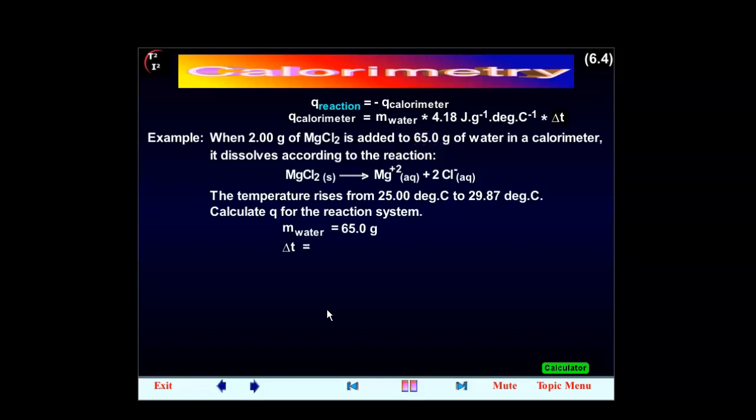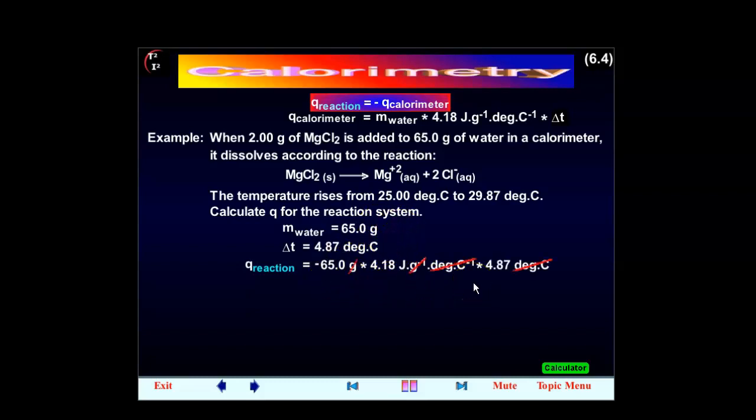Delta T equals T final minus T initial equals 29.87 degrees Celsius minus 25.00 degrees Celsius equals 4.87 degrees Celsius. Q reaction equals negative 1.32 times 10 to the third joules.